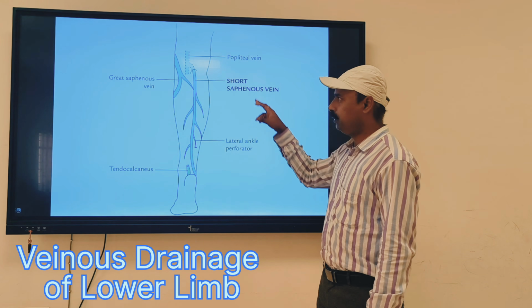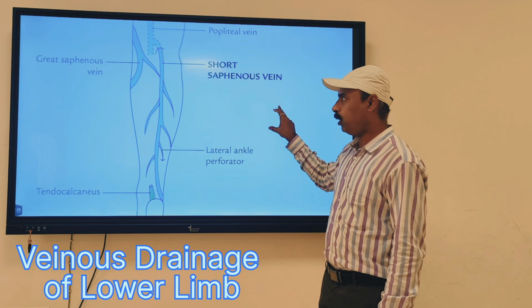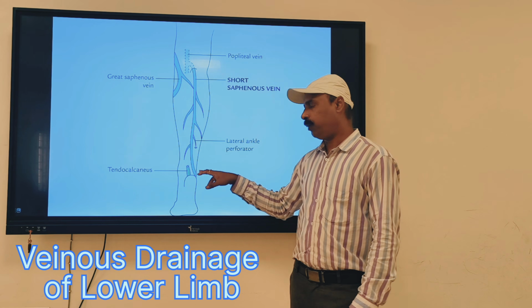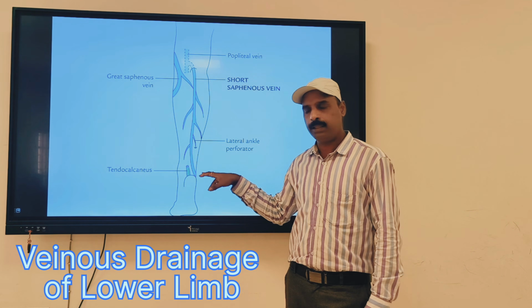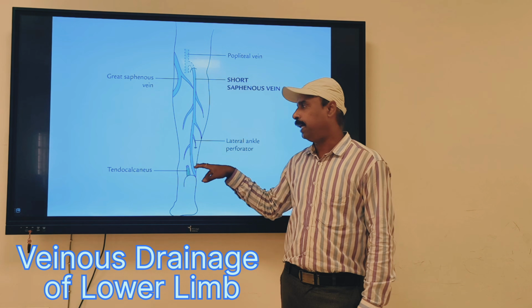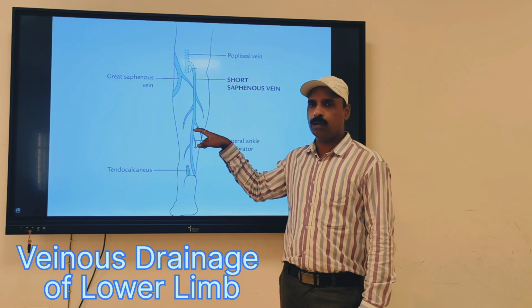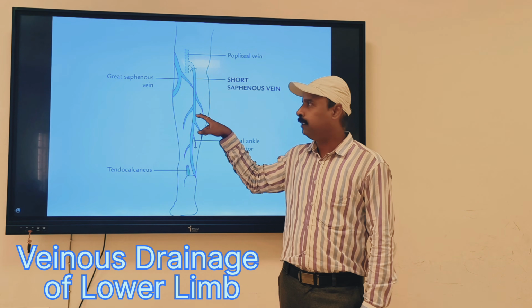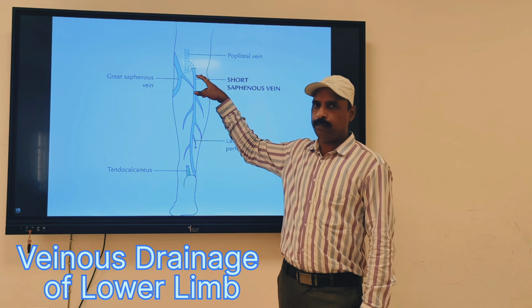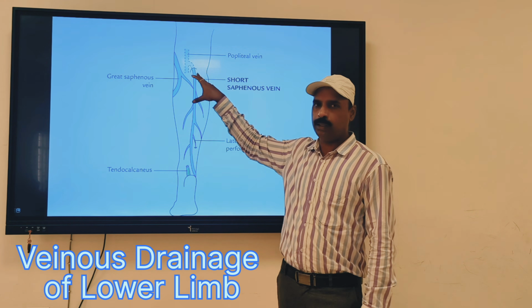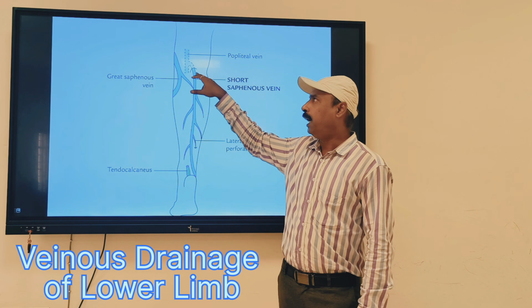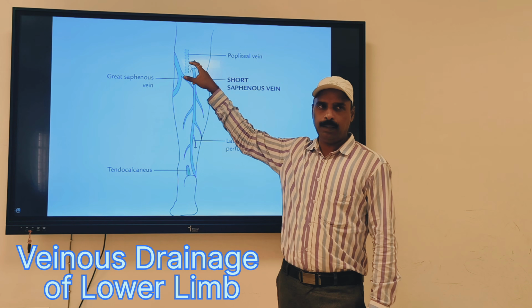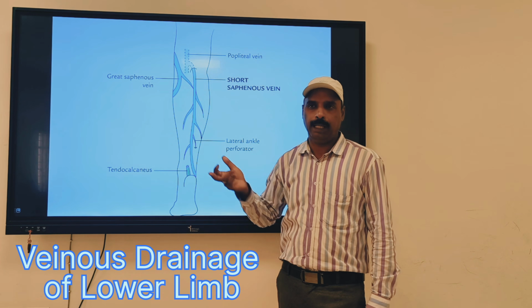Then going to the veins, you can see here the short saphenous vein, which you get from the lateral end of the dorsal venous arch. It runs passing behind the lateral malleolus and runs along the midline of the leg, and in the middle of the leg it climbs, reaching the popliteal fossa, and in the popliteal fossa it opens into the popliteal vein.